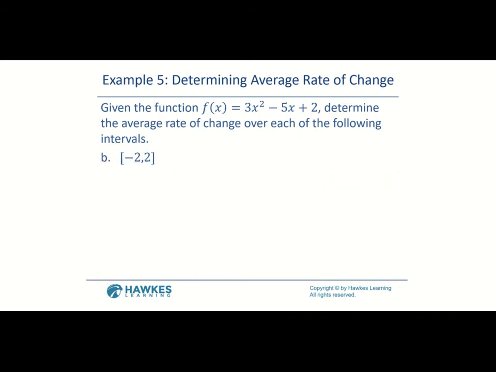All right, and now we're going to look at the average rate of change over the interval [-2, 2]. And again, that -2 is going to be our A value. B will be 2. And again, we want to do the function of B minus the function of A divided by B minus A. So when we evaluate, f of B is f of 2.